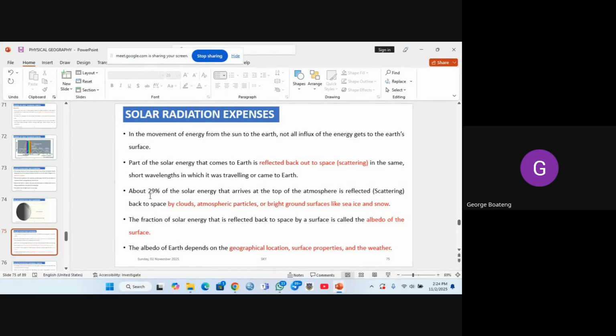So we say about 29% of solar radiation that arrives at the top of the atmosphere is reflected or scattered because of clouds, atmospheric particles, and brighter grounds like the sea and snow. And because of the higher traveling distance, most of it is reflected back to space. We call it back to sender.